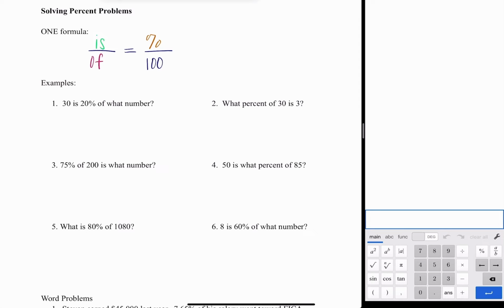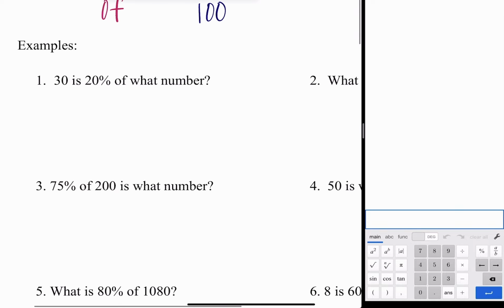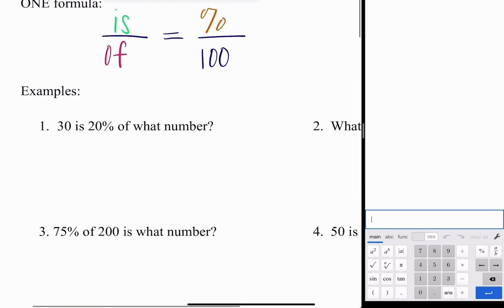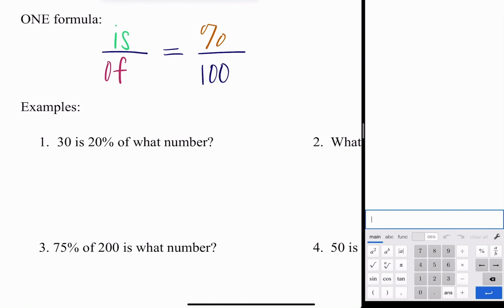I am going to start with number 1. There we go. Now I have my colors straight. Number 1 says 30 is 20% of what number? So when I say is over of equals percent over 100, here's what I mean.